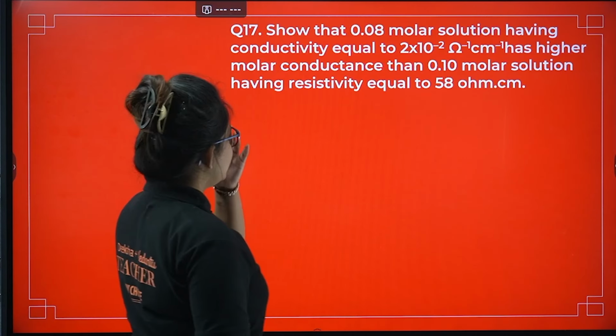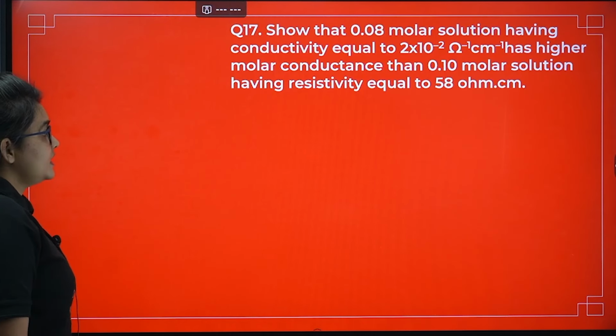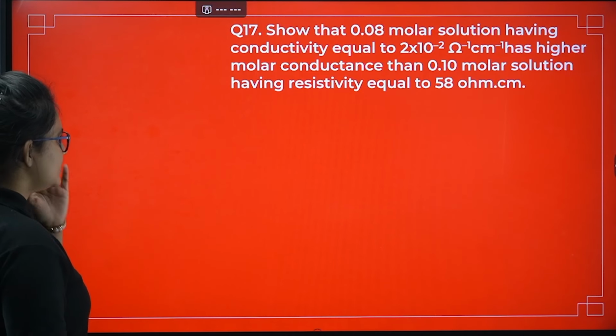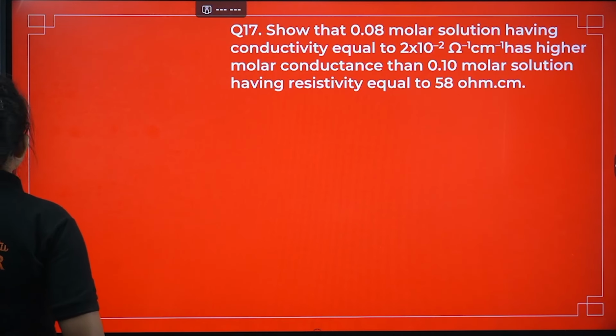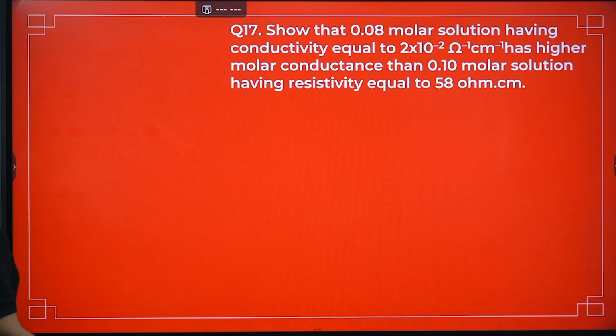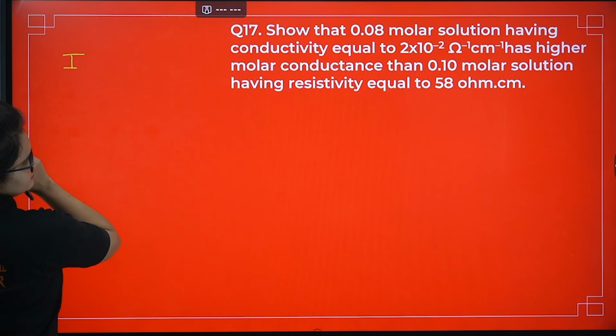Show that a 0.08 molar solution having conductivity equal to 10 power minus 2 ohm inverse centimeter inverse has higher molar conductance than a 0.10 molar solution having resistivity equal to 58 ohm centimeter. We have to find out the molar conductivity for both cases.